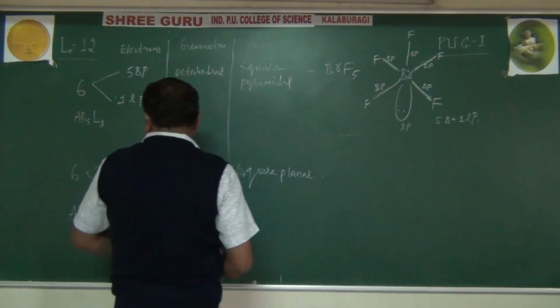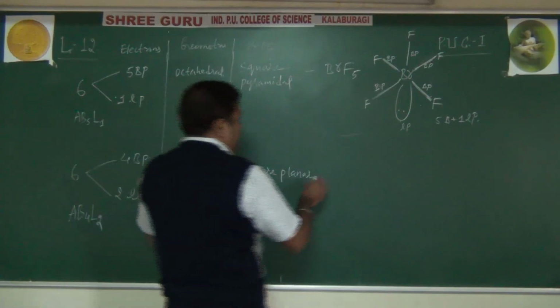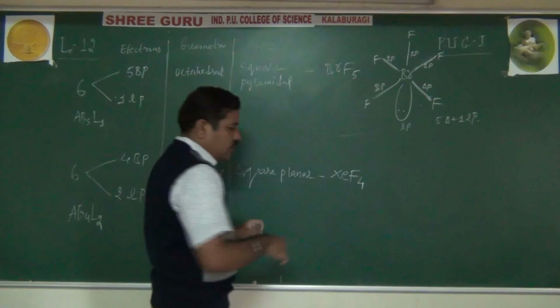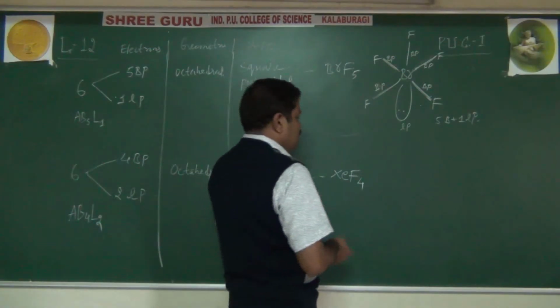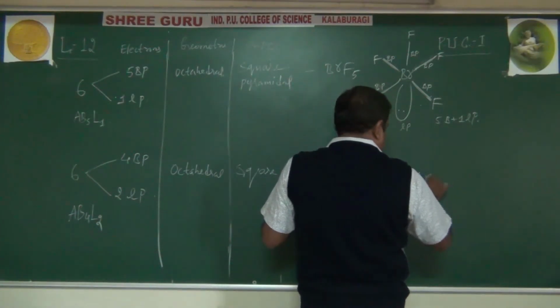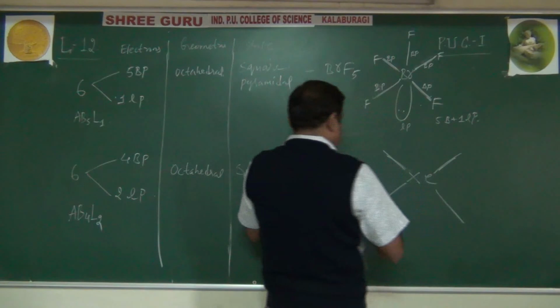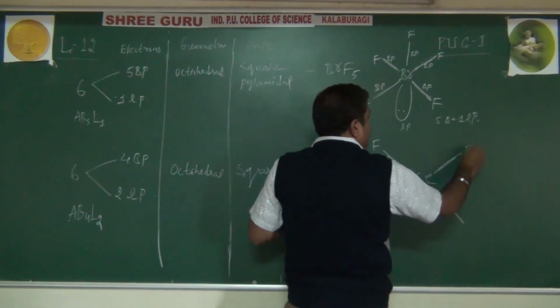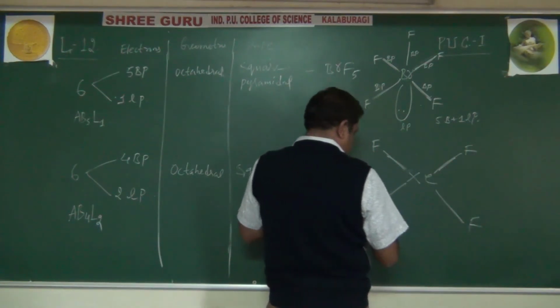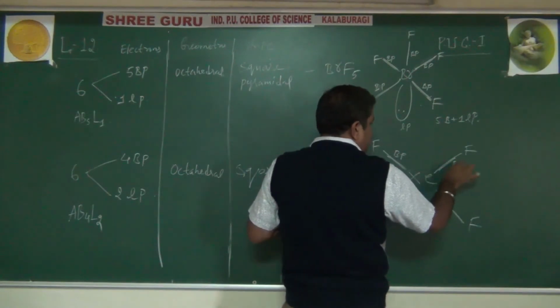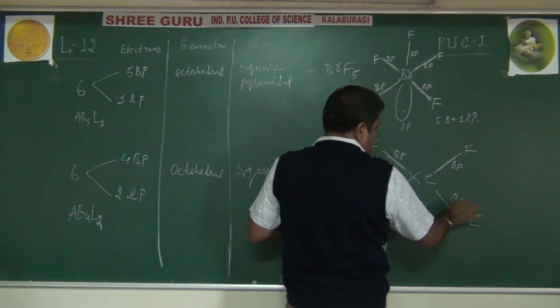Now coming to the next one, 4 bonding pair and this is square planar. For this you can give XeF4, xenon tetrafluoride. Xenon is a noble gas having 8 electrons in its outermost shell. Out of 8, it will share with the 4 fluorine atoms, forming 4 bonding pairs.